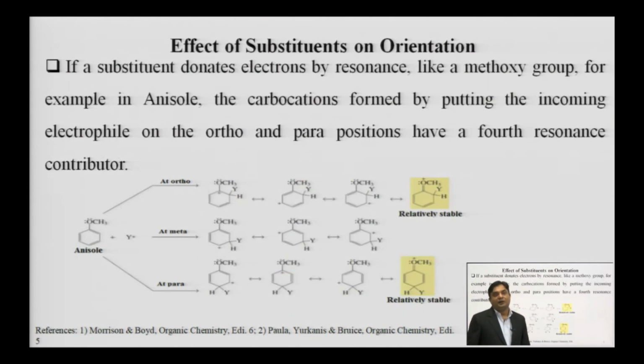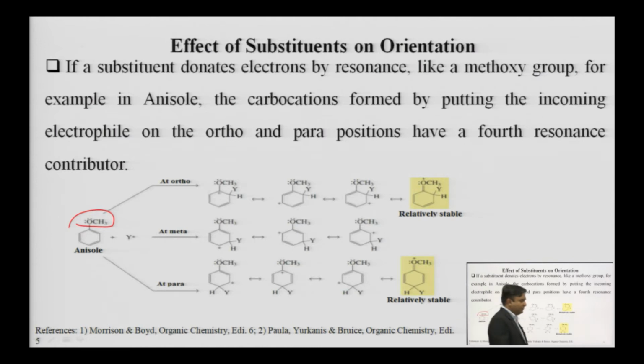Now, if a substituent donates electrons by resonance, meaning the substituent present on the benzene ring has a plus R effect, it can donate electrons by resonance. For example, we talked in the last lecture about how they can donate electrons by resonance. Again we are taking examples of plus R effect, like methoxy.